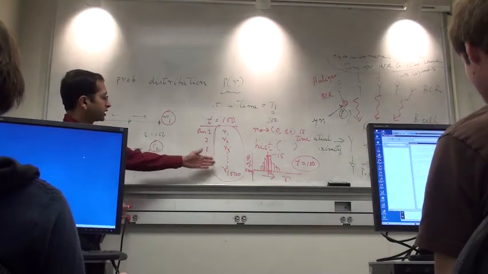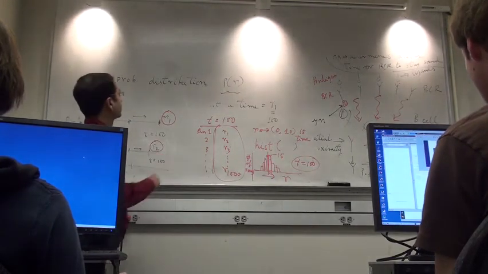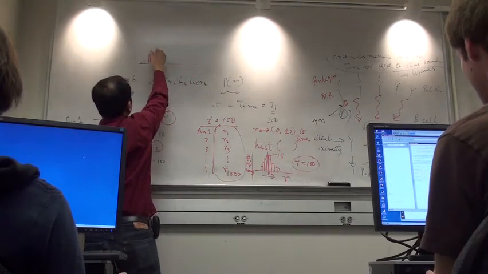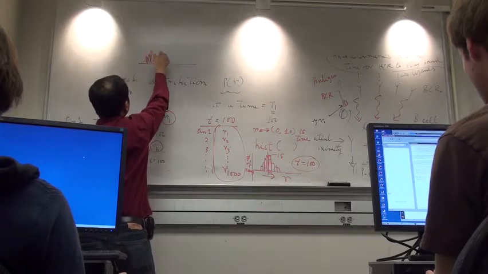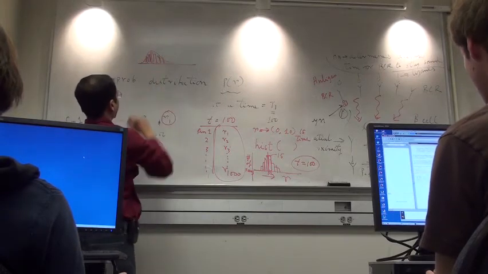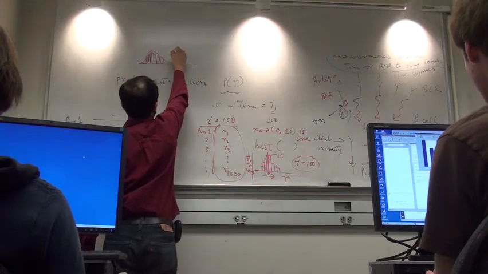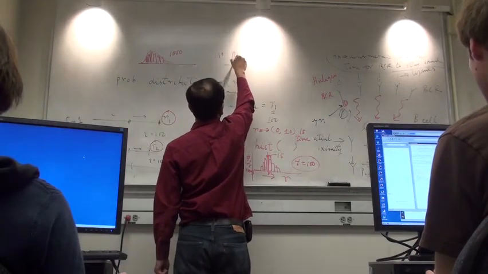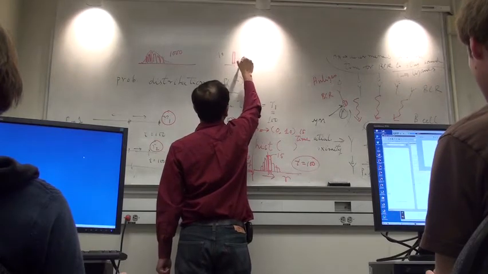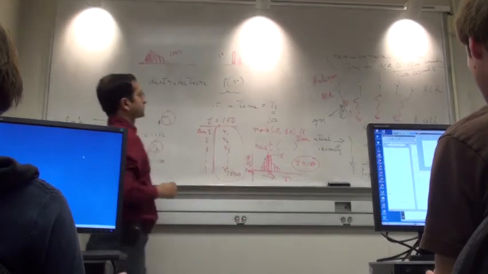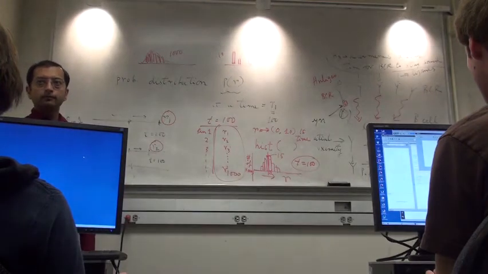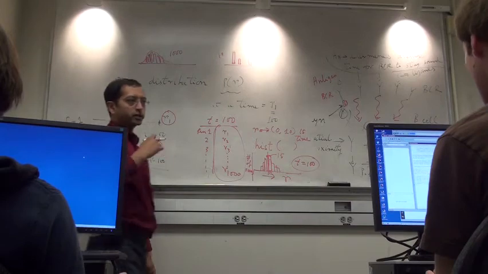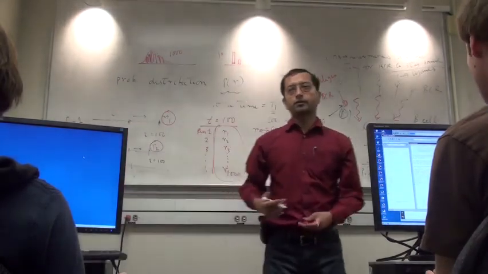If you run the simulation 1,000 or 10,000 times, your histogram looks much better, like a nice curve, versus if you do it 10 times, your histogram will be like this. So if you increase the number of runs, you get a better shaped curve that mimics the actual situation.